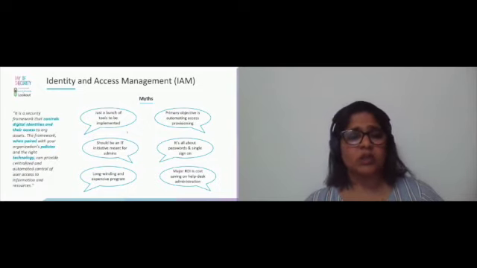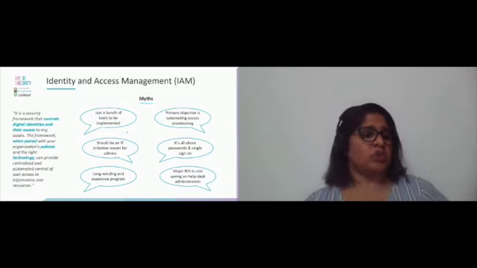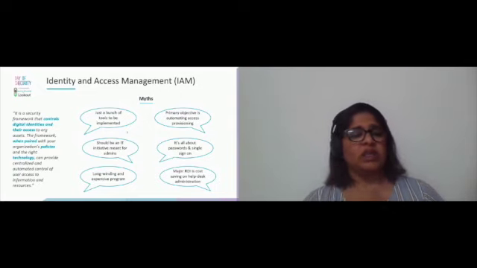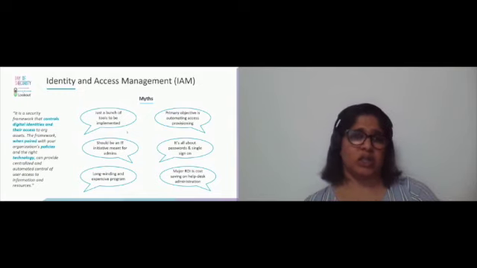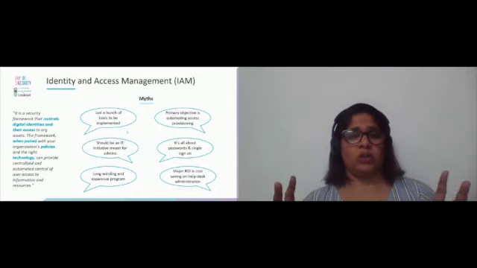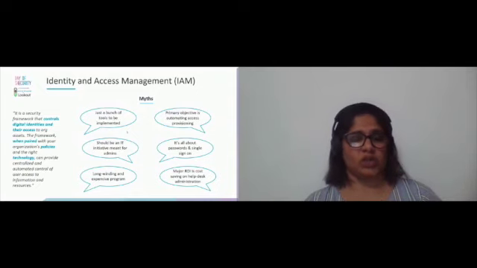So just in summary, IAM is not just a bunch of tools. It's a complete framework that controls digital identities and how they should access the organizational assets during their life cycle within the organization, right?